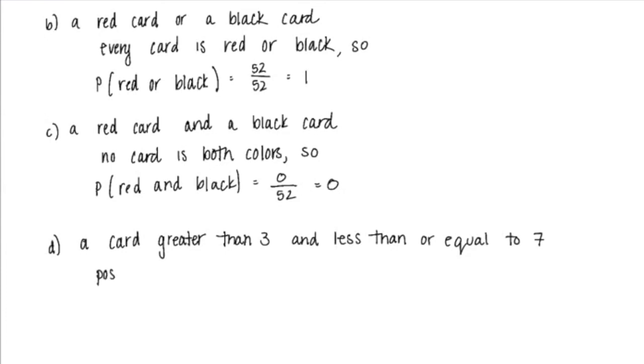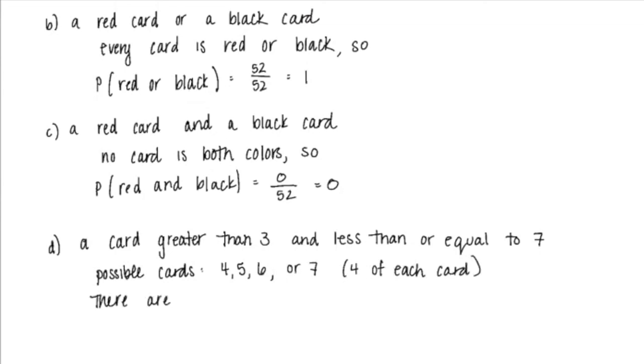So our possible cards are: we can get a 4, a 5, a 6, or a 7. And in reality, we have 4 of each card. So in total, there are 4 possible card values that give us success, 4, 5, 6, or 7, and we have 4 of each of them. So in total, there are 16 cards that fit the outcome.